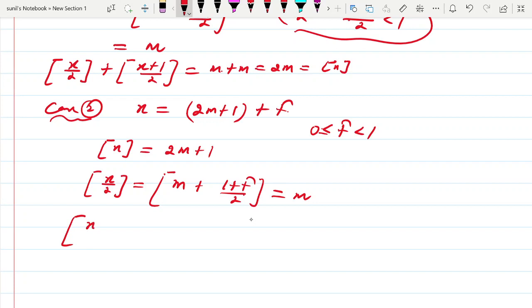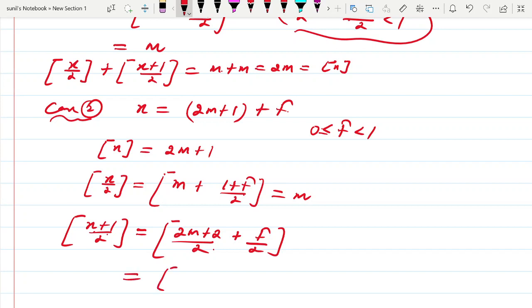Now what is bracket (x plus 1) by 2? This is nothing but (2m plus 2 plus f) by 2.